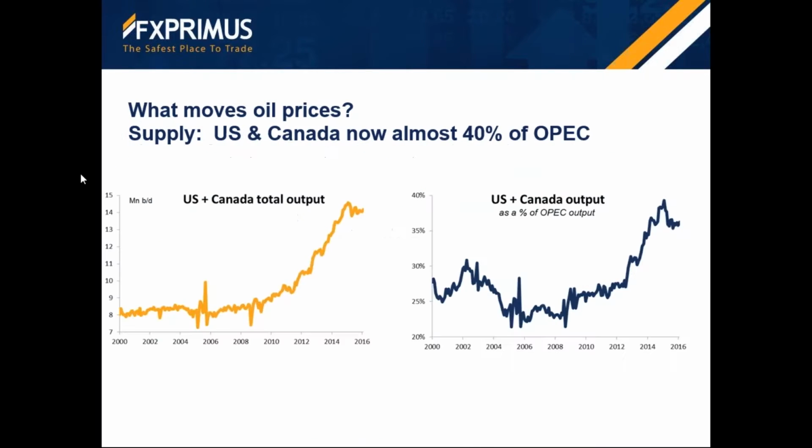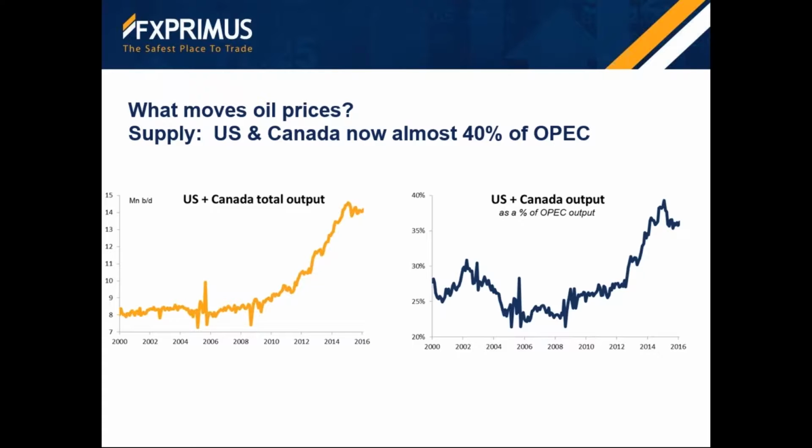Now, the combination of fracking and horizontal drilling plus other technological improvements has boosted U.S. oil production by 80% and turned North America, and I include Canada in this because these technological improvements have had a big impact in Canada too, into the world's largest oil producer.